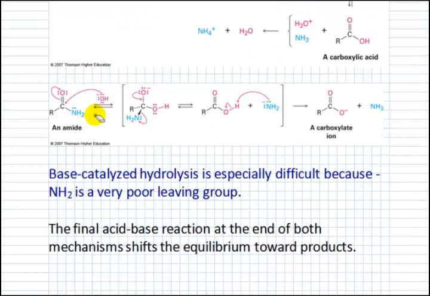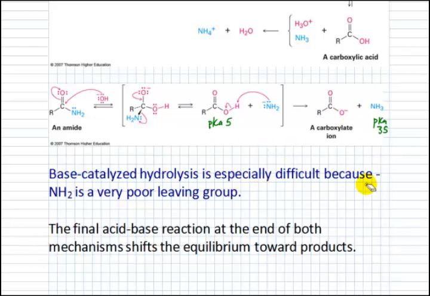Basic hydrolysis is a very simple mechanism. Hydroxide adds, O minus comes down and kicks out NH2 minus. Again, an acid-base reaction will occur then because the carboxylic acid is a stronger acid than the amine, which has a pKa of 35 or something like that. Very similar to what happened with basic hydrolysis of esters. Our product is a carboxylate ion. Really any basic hydrolysis gives you a carboxylate ion because the resulting carboxylic acid is protonated by the basic leaving group.